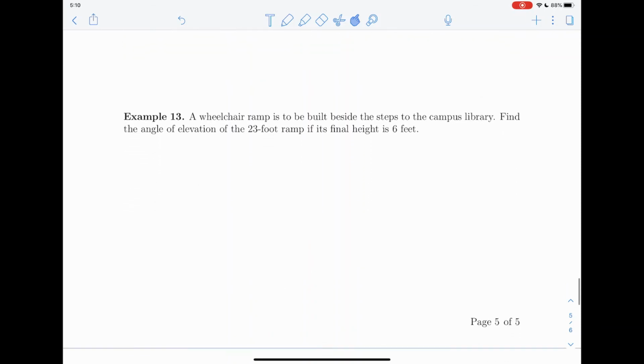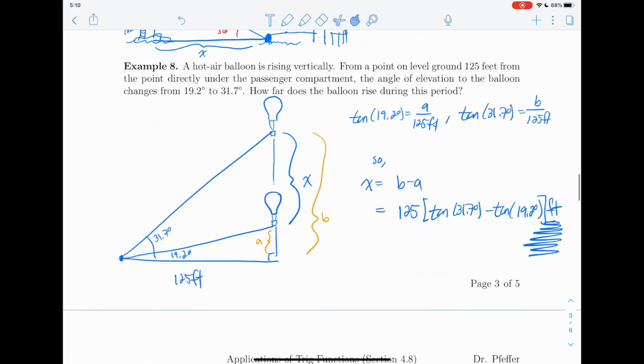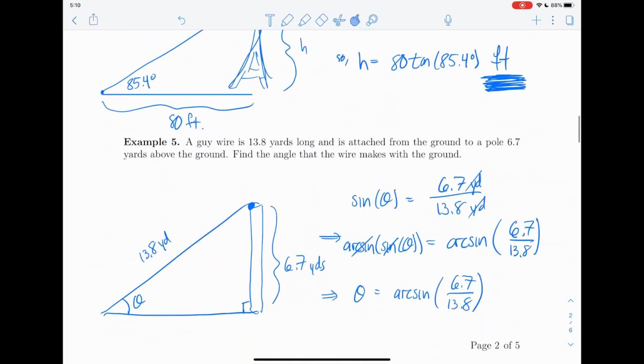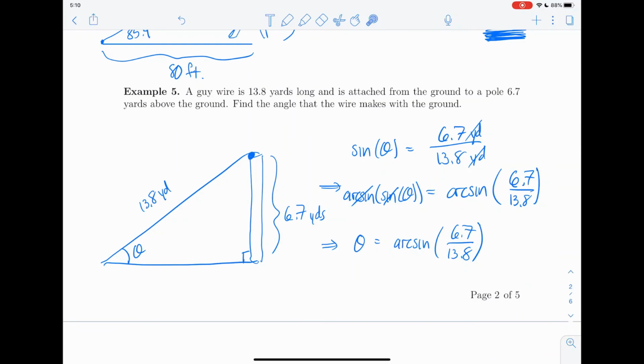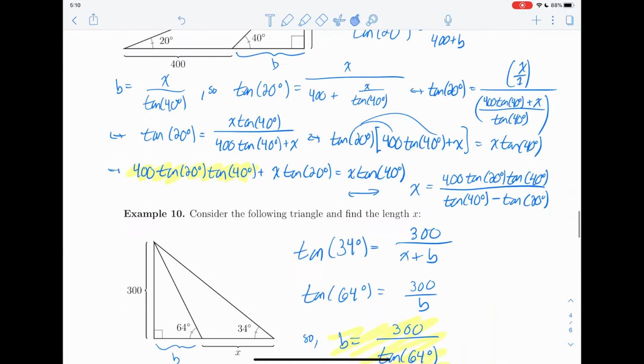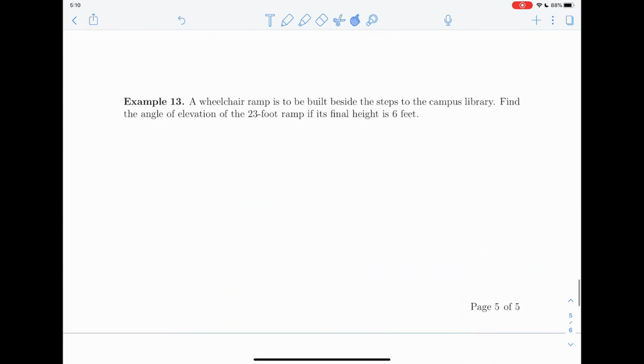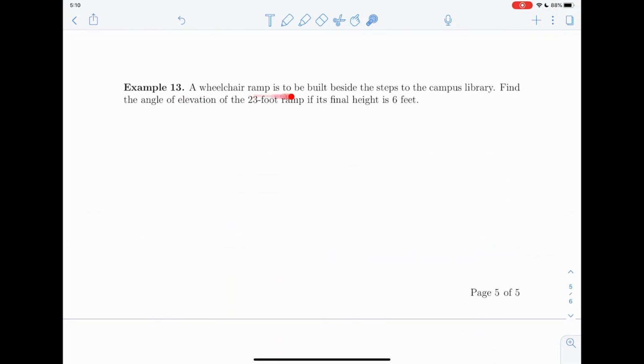The last question we have here is a wheelchair ramp being built beside the steps of a campus library. Again, it's very similar to the guy wire one. Because if we draw the picture here, what we're told is that a wheelchair ramp is built.